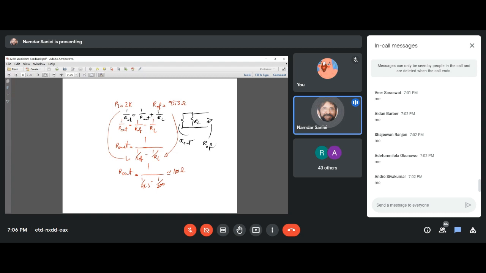Then we have the inverse of R out, which is what we truly know as the output resistance of the feedback circuit only. I mean, the circuit under feedback, the amplifier with feedback. No RL in it, right? And this 1 over R out, if we find the inverse of it, will get us to the R out.